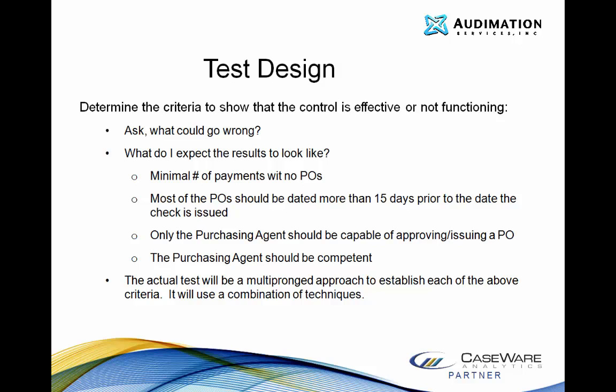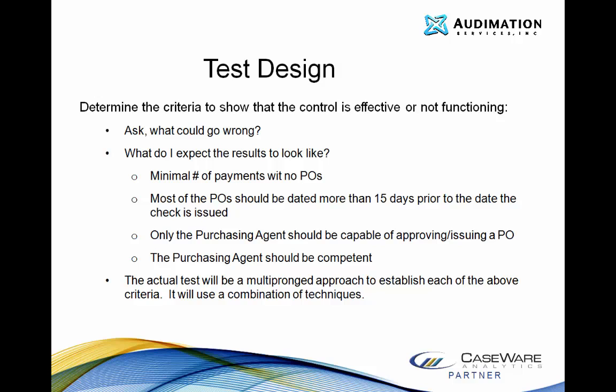I also expected that there should be a relatively long time period between when the PO was issued and when the check was done. If things are functioning properly, the department head would be approving requisitions and passing them on to the purchasing agent.